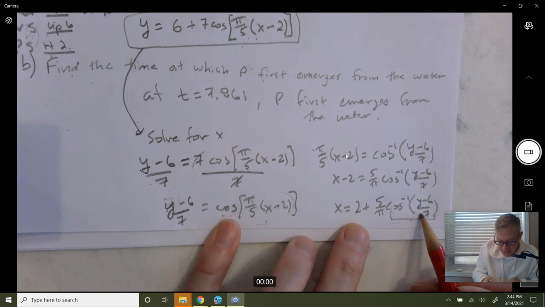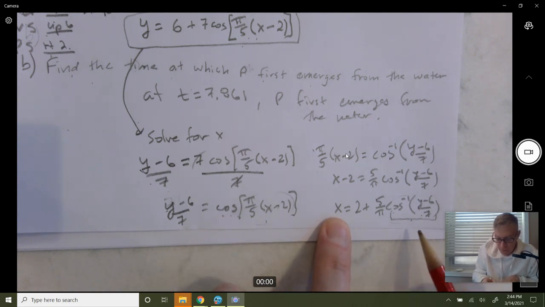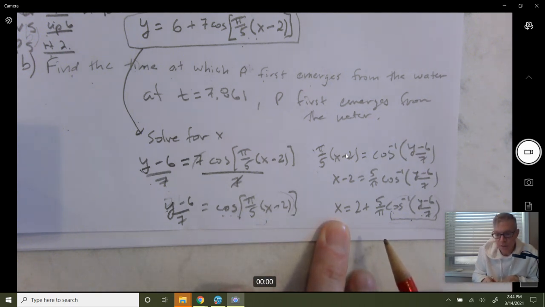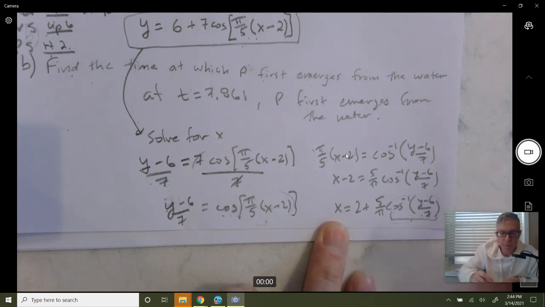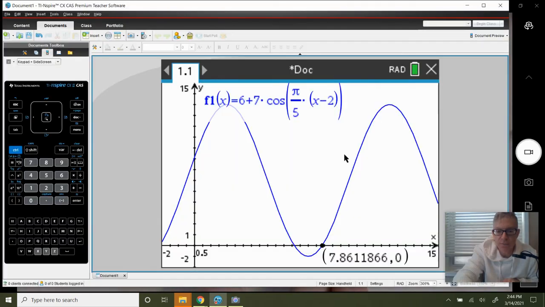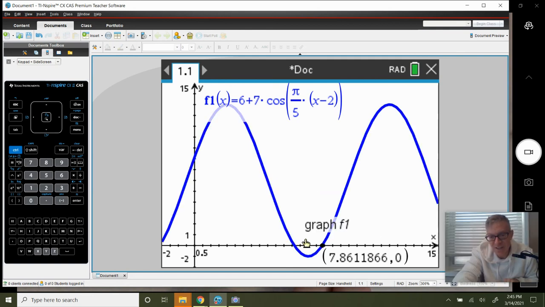So if you want to find all the places where on our graph our y value is 0, that would be this one, that would be this one, and then the next one over here, maybe even this one back here. You'd have to change the window to see those, but you would be going to the right. There's an infinite number of places where y equals 0.